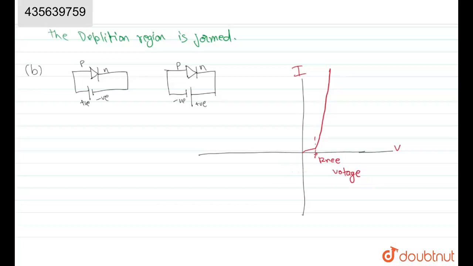And in the reverse bias, the current almost remains zero, but after a point breakdown occurs and current rises suddenly. So in the forward bias region, the current is approximately milliamperes, and in the reverse bias region the current is approximately in microamperes. So these are the characteristics.